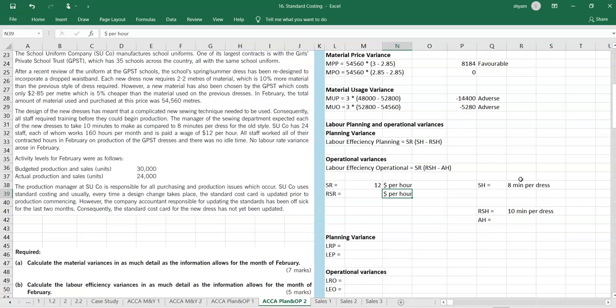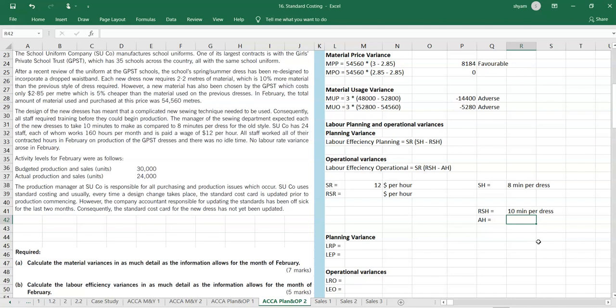So what is the AH? Okay, what is going to be the AH? See, that is the tricky part here. The AH he has given indirectly. SU has 24 staff, each of them working 160 hours per month, and paid this much.